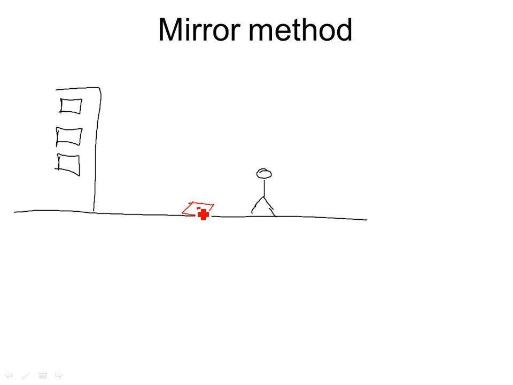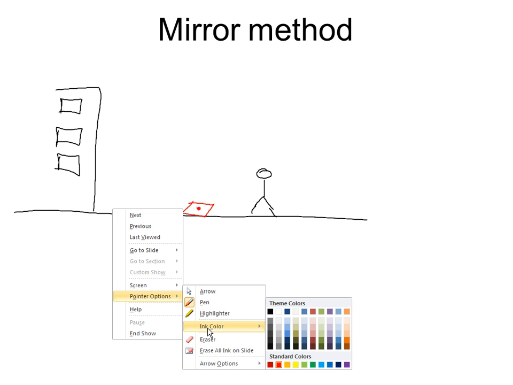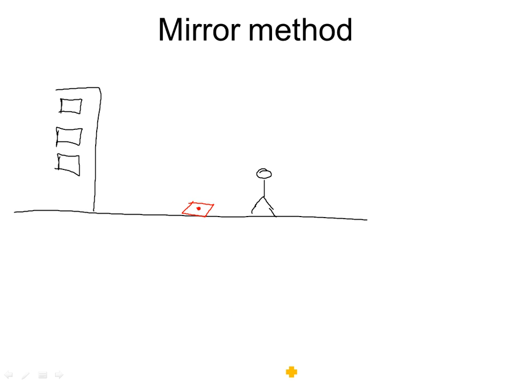And then what we have formed, from the top of the building to that point in the mirror, and from the person's eyes to that point, we now have two triangles.